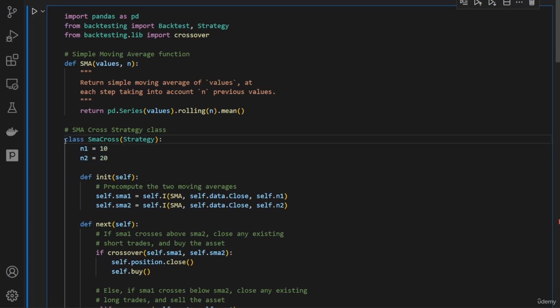Most importantly, notice that we're defining a new class, SMACross, and it inherits from the base class Strategy.